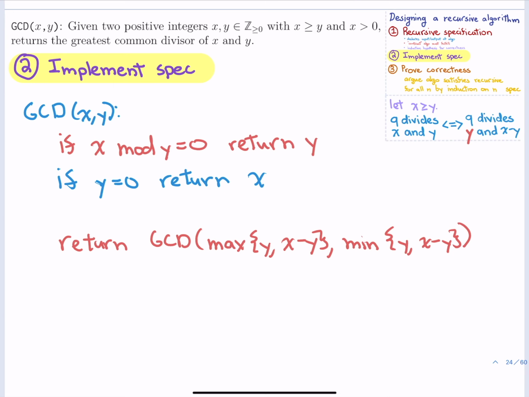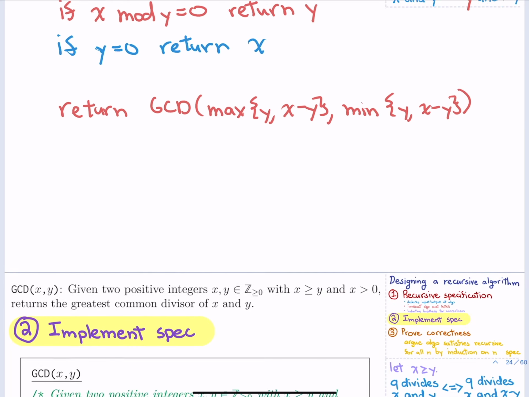Any other base cases or any other suggestions? Oh, we're assuming x is greater than 0, so we don't have to worry about it. Okay, sounds good.